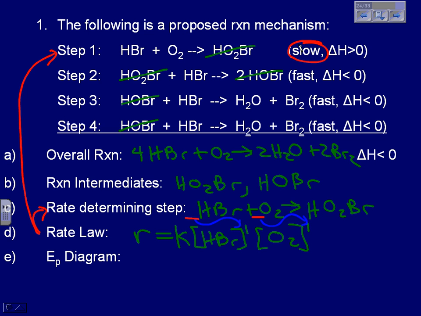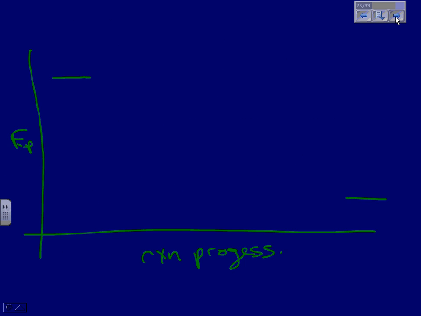It is slow, and it is a positive delta H. That means it's going to have a big bump, and it's going to be endothermic. All right, excellent. This part says slow because it's big, and right here we've got endo.